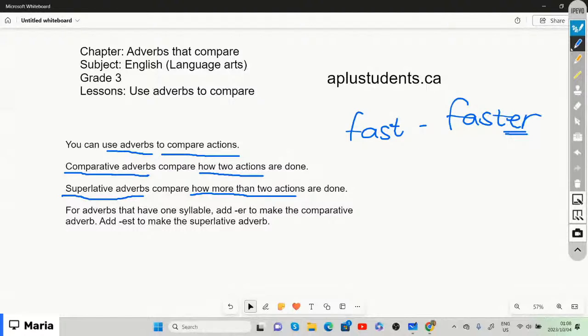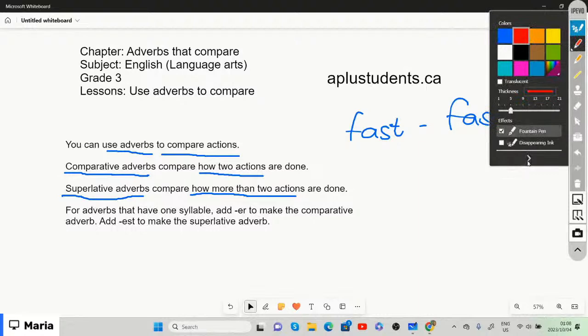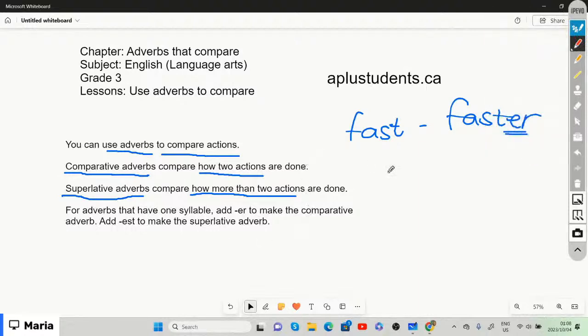So if we say this one car is fast, but we compare this car to all the other makes of cars, then we can say, maybe the Mercedes is fast, but maybe the Porsche is the fastest car amongst all the other cars.